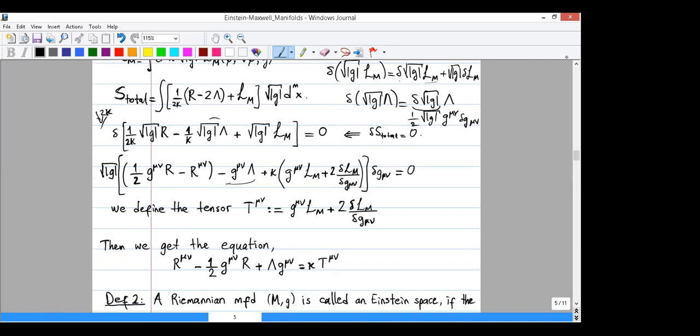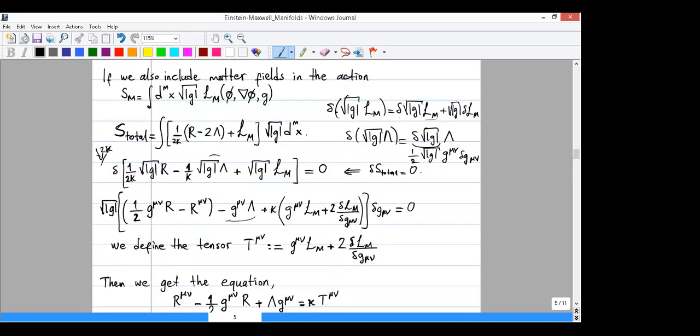And the third term, the matter part, times Lm. Since we have two terms here, the first one we will apply again delta of square root of g times Lm, and this term square root of g times delta Lm.